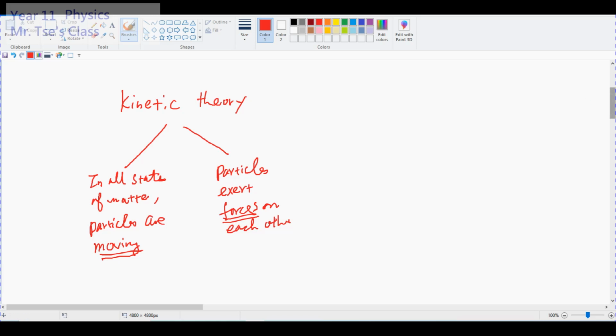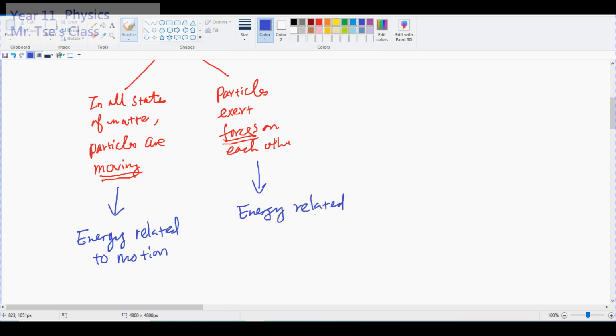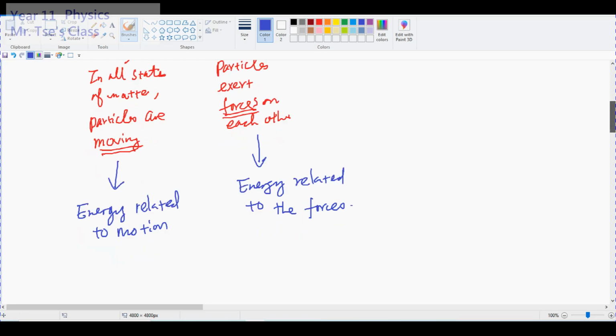But anyway, we know there are forces and the particles are moving, so we think about the energy. From the energy perspective, the motion and the fact that they experience forces mean there should be energy related to the movement, and also energy related to the forces between the particles.